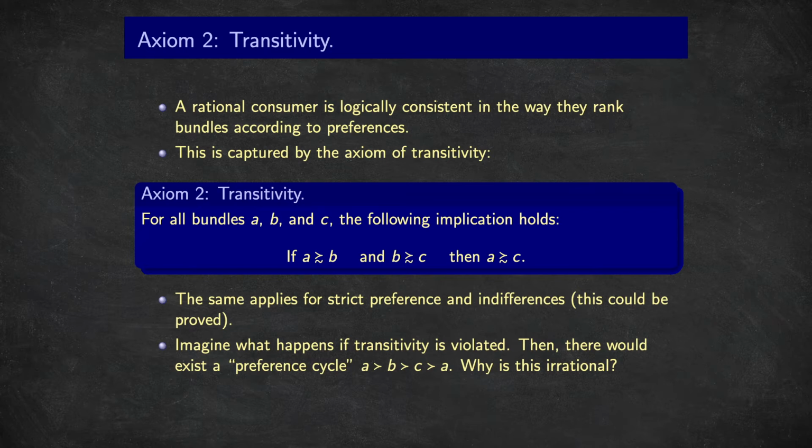The consumer also likes A better than C. We will also assume the same holds for strict preferences and also for indifference. So if the consumer is indifferent between A and B and indifferent between B and C, then he is indifferent between A and C. So let's have a quick look at what happens when this axiom is violated.